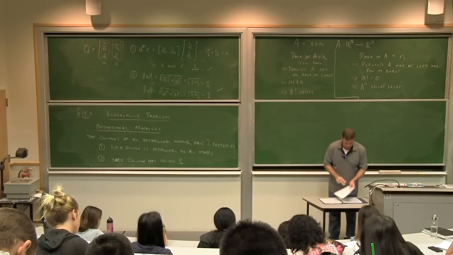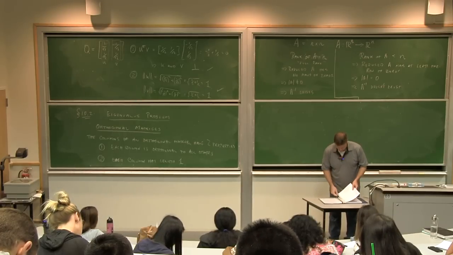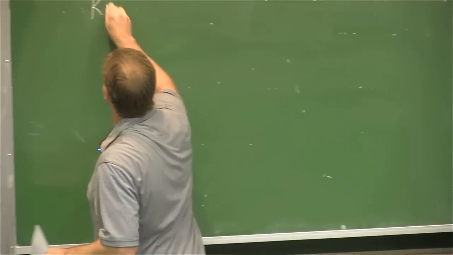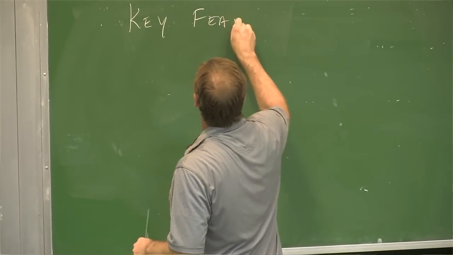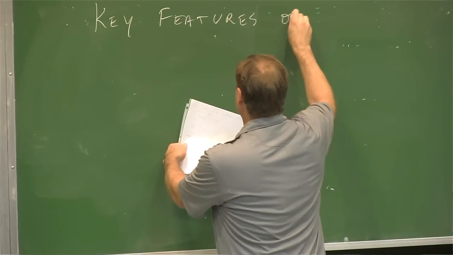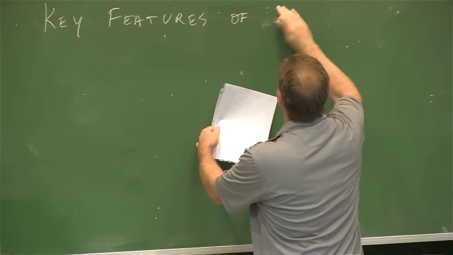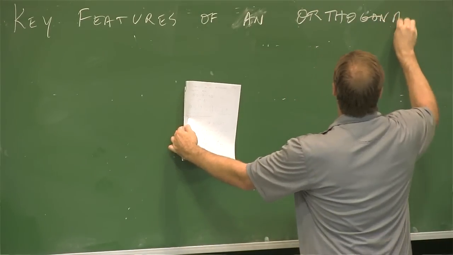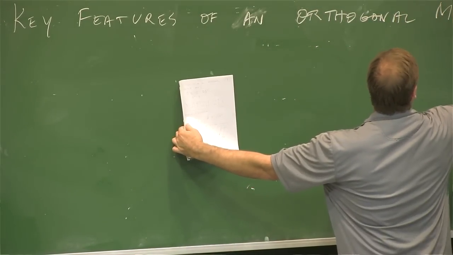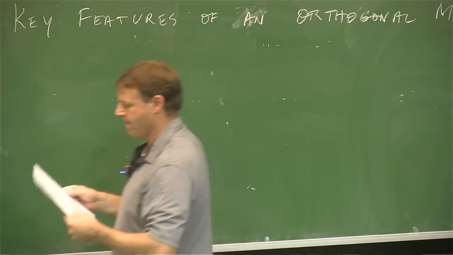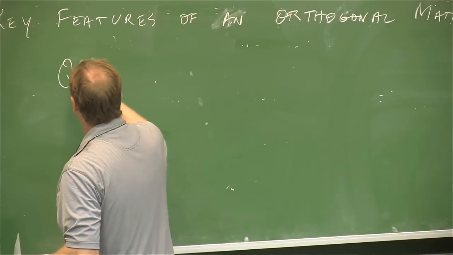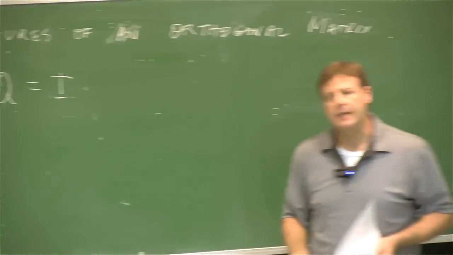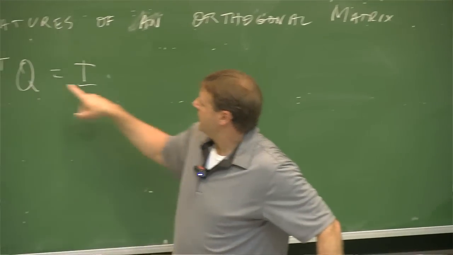There's more to the orthogonal matrix, so this is why I'm showing it to you. I'm going to show you some of the features of it. If I take Q and I take its transpose and I multiply them by each other, you get the identity.